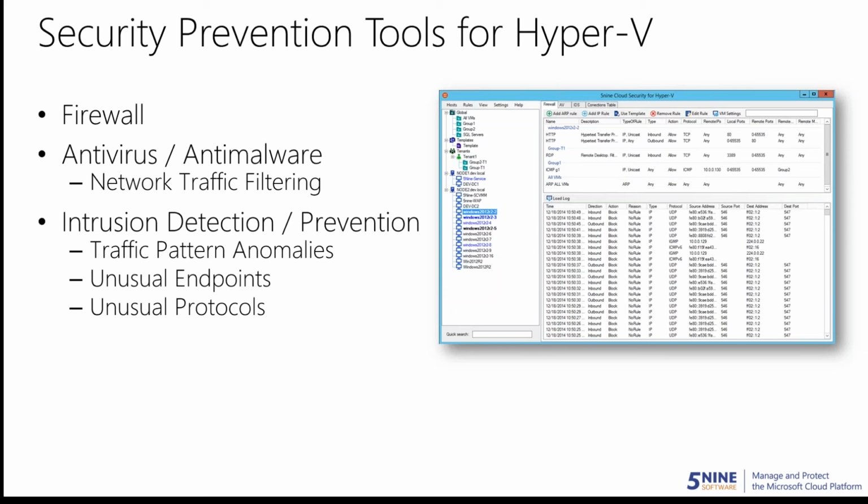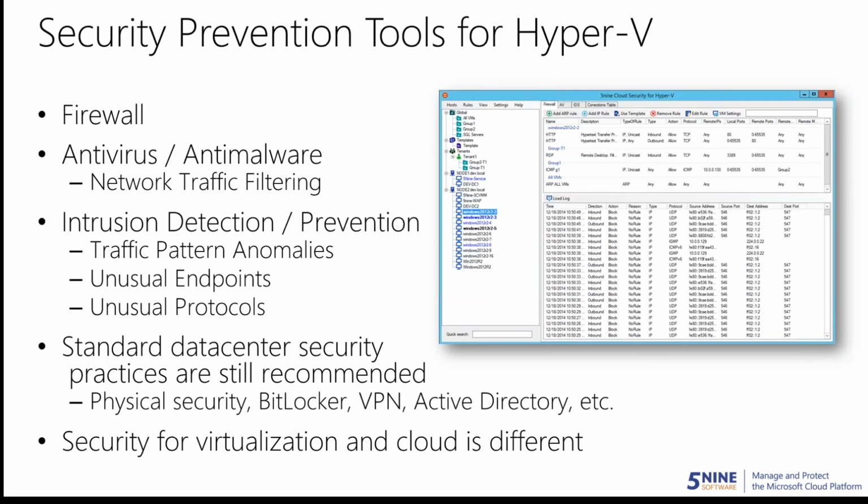So for example, all of your Hyper-V hosts, all of your virtual machines, they're having different types of traffic that's going into them and out of them. And over time, we get to see what we call a normal traffic pattern. But if we start to see anomalies in that, unusual spikes, different protocols, different endpoints being used, we're going to raise an alert and say, hey, there might be something that's happening in your environment. You want to go check this out.